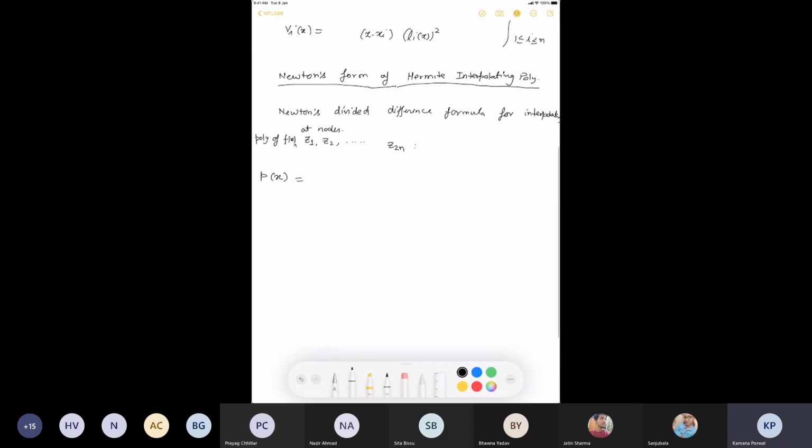So what will be the Newton's form of the interpolating polynomial?